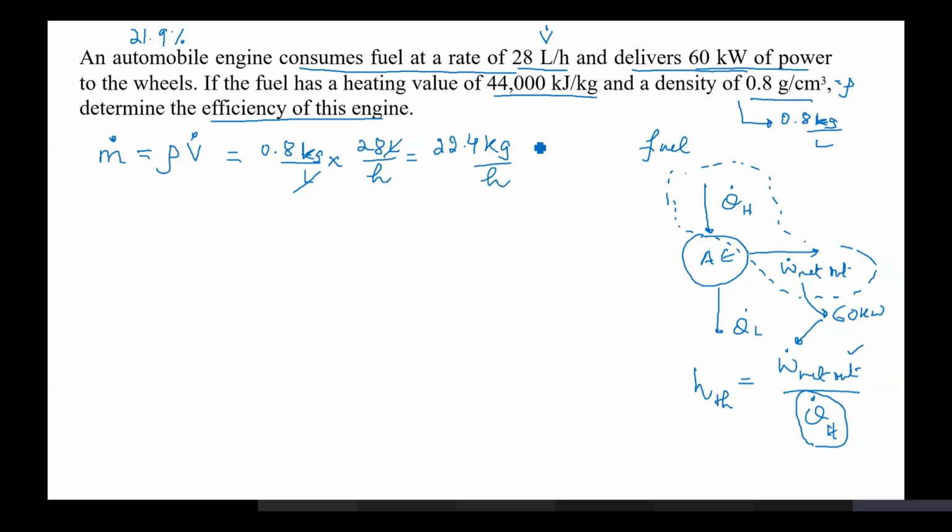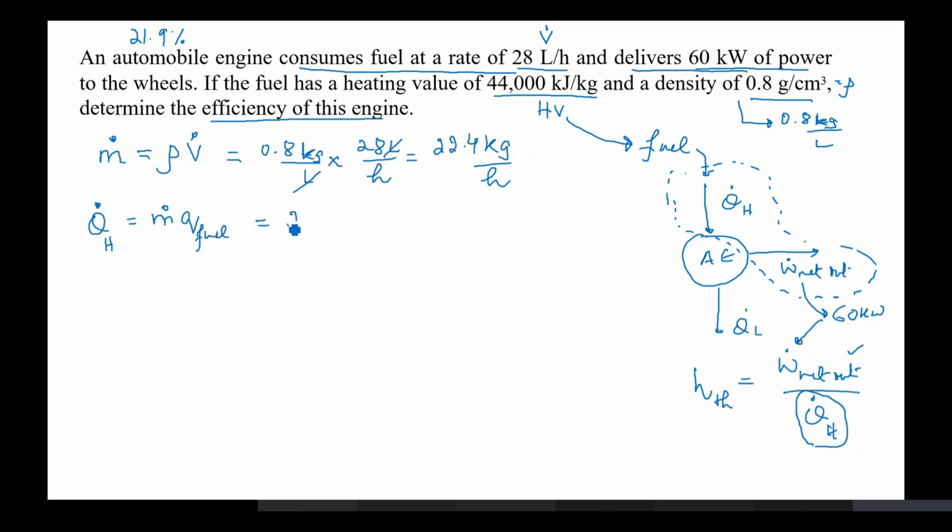Now the heating value of the fuel, which is energy per unit mass, is also given to me. If I want to calculate the energy released due to this fuel, which is Q dot H coming from the fuel, it is the mass flow rate multiplied by small q of the fuel, which is energy per unit mass.